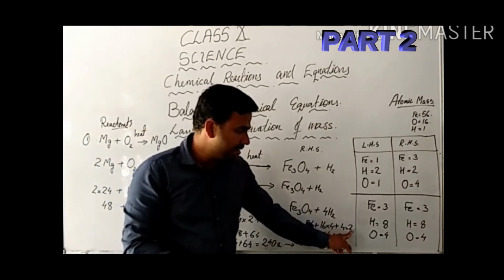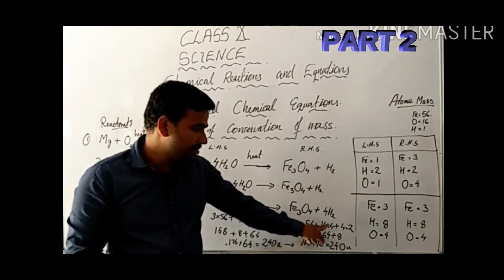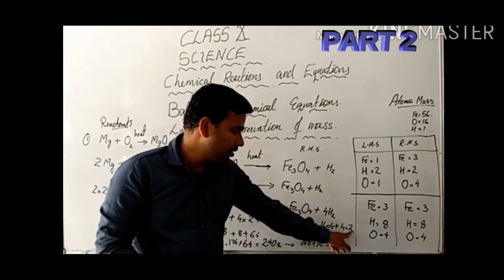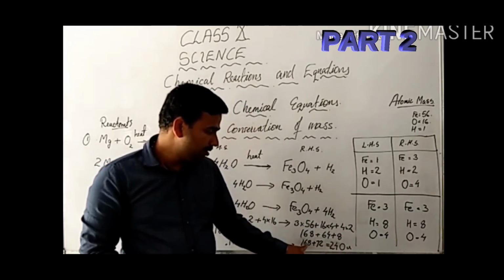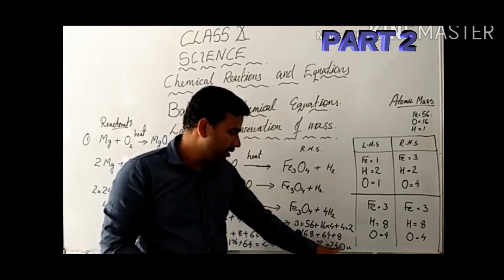So I am taking 2 here. Then 3 into 56 you will get 168, 16 into 4 you will get 64, 4 into 2 is 8. Altogether 168 plus 64 plus 8, you will get 240.